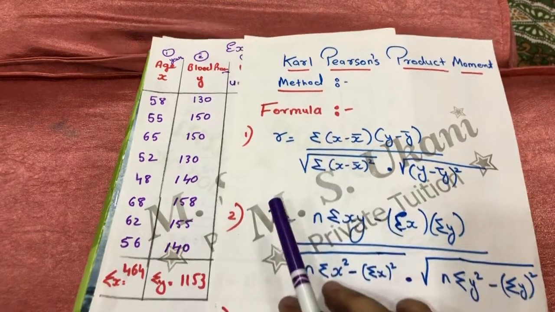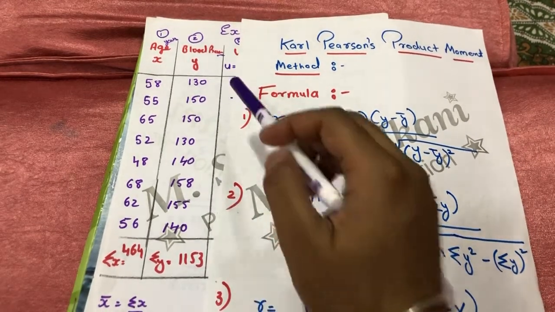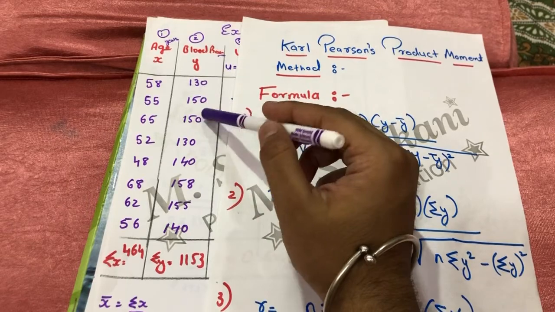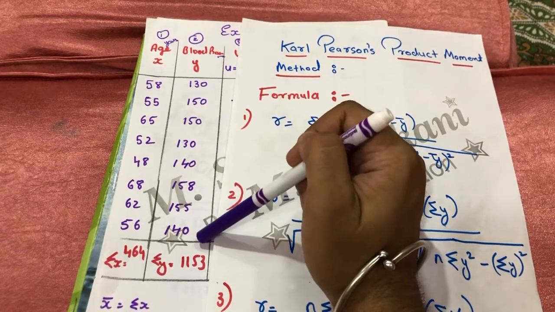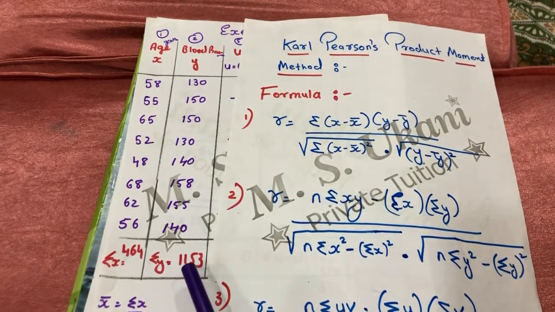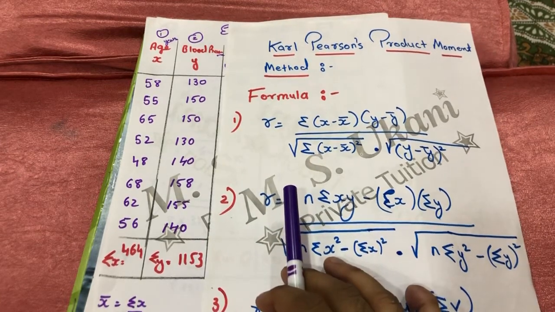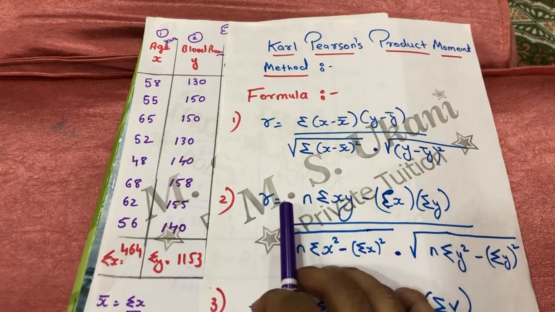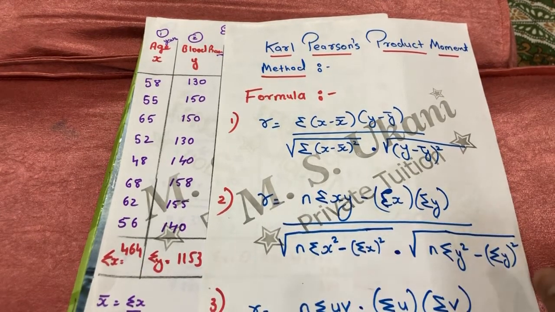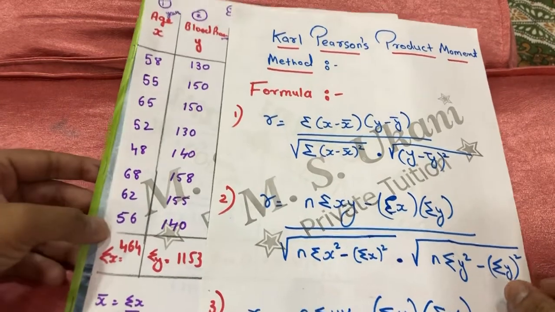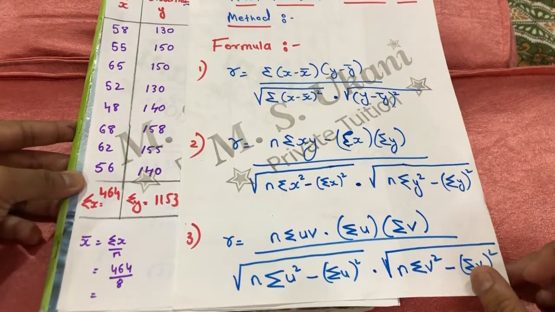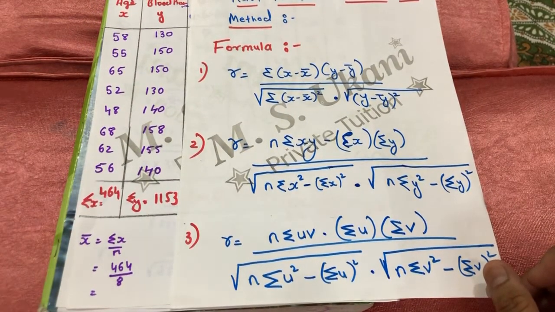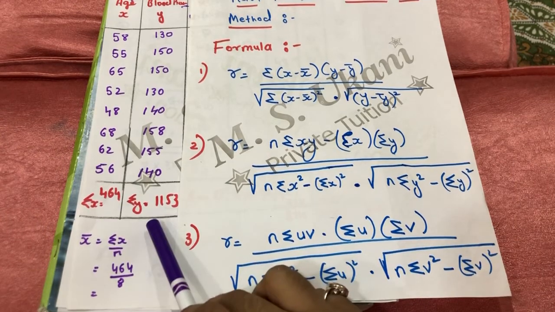And the second column is blood pressure Y, and our addition answer is summation Y, 1153. Now before calculating, we have to decide which formula to use, formula number 1, 2 or 3. That can be decided after finding X bar and Y bar.